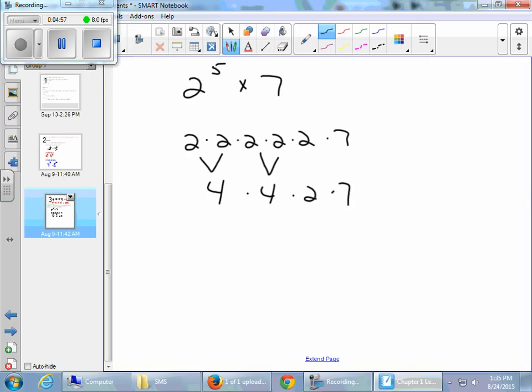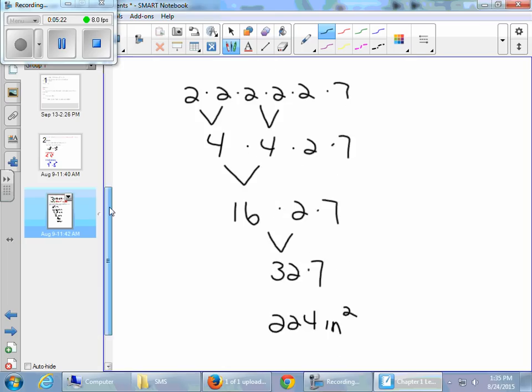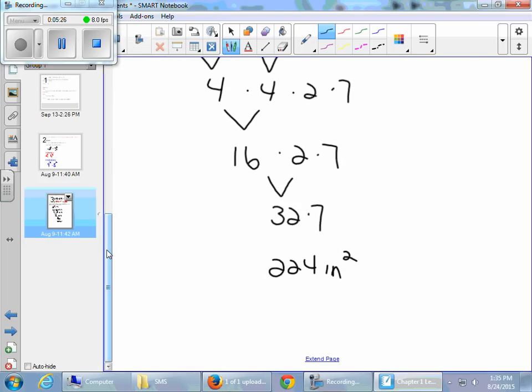And we can take our 4s. 4 times 4 is 16. 16 times 2 is 32. 32 times 7 is 224 inches squared. Remember to always label your final answer, because they're looking at square inches. Inches squared, same thing. Okay, any questions?